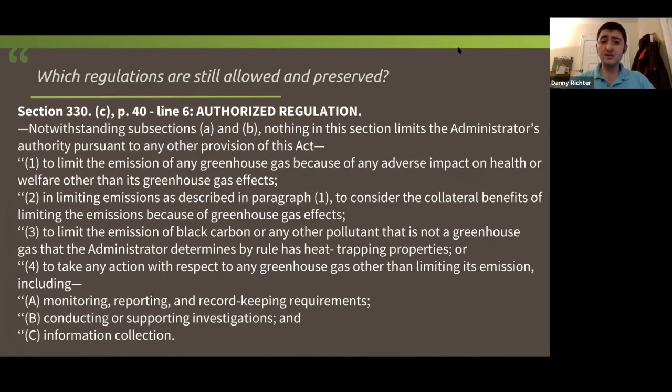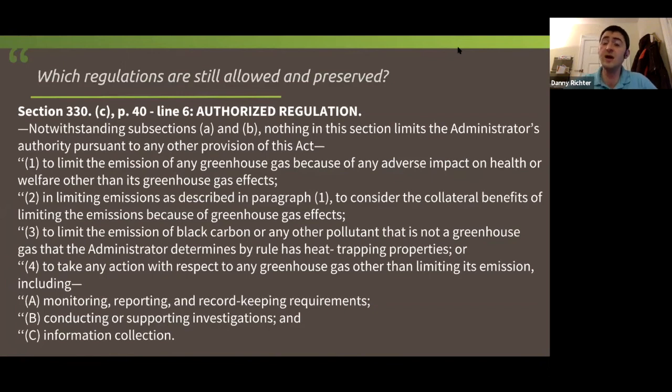Number 3, to limit the emission of black carbon or any other pollutant that is not a greenhouse gas that the administrator determines by rule has heat trapping properties, or to take any action with respect to any greenhouse gas other than limiting its emissions, including monitoring, reporting, and record keeping requirements, conducting or supporting investigations, and information collection. So even if you have a greenhouse gas, you can still regulate other than its heat trapping properties.